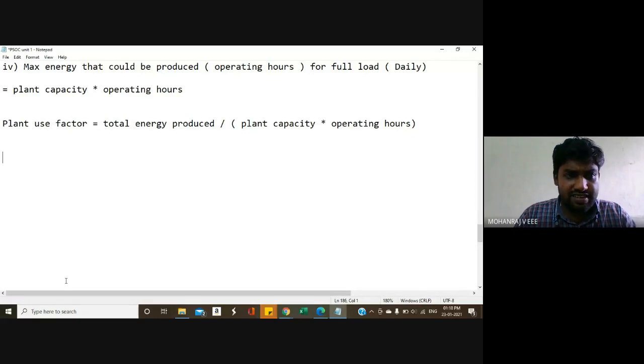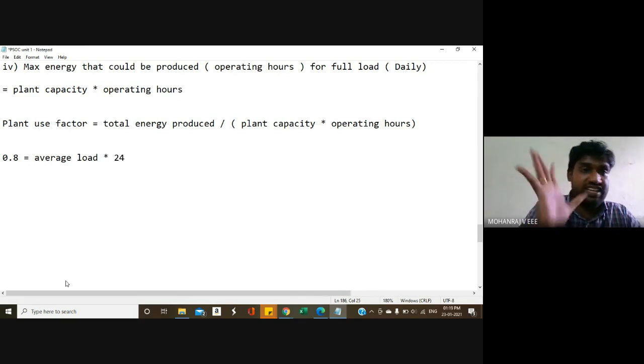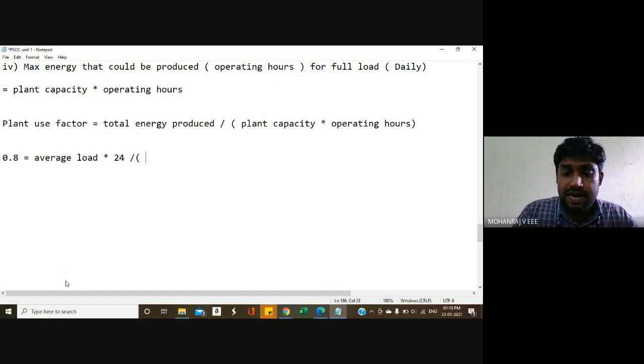Substitute 0.8. Plant use factor is equal to total energy produced divided by plant capacity into operating hours. What is total energy produced in a day? Average load into 24 will give you the total energy produced in a day. Plant capacity is 25 megawatt.